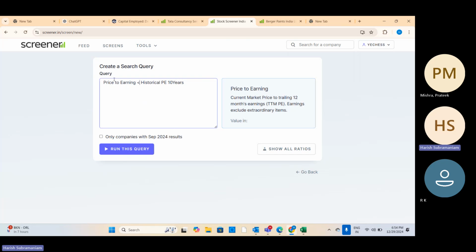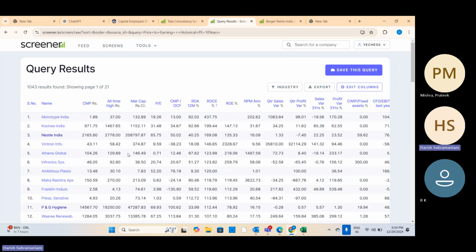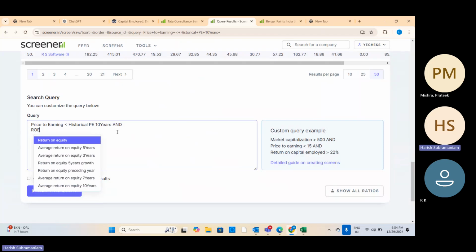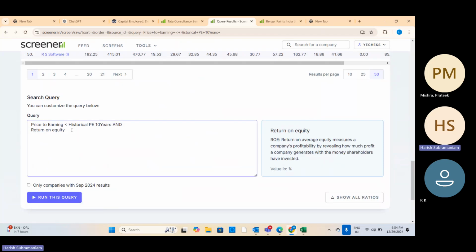This is what we are looking at. This PE should be less than the average PE of the last 10 years. And now we have some 1,000 companies. Now let's put in another and. We have already read that return on equity should be good.